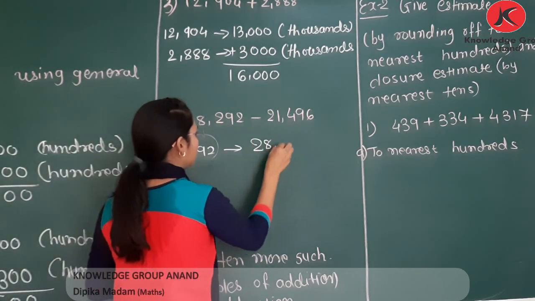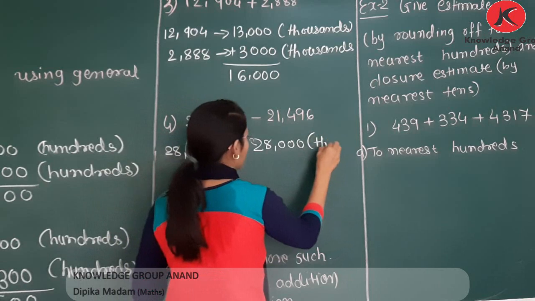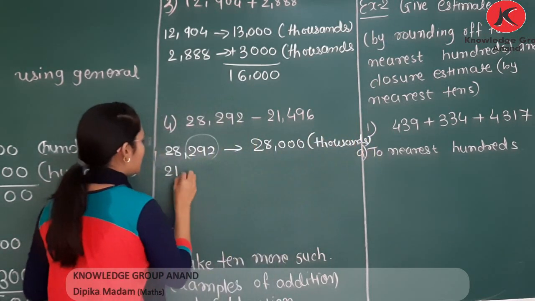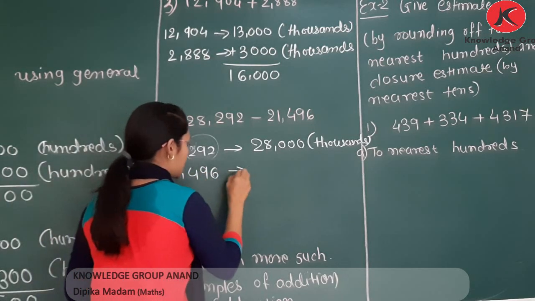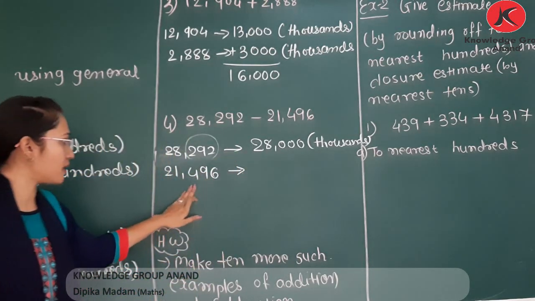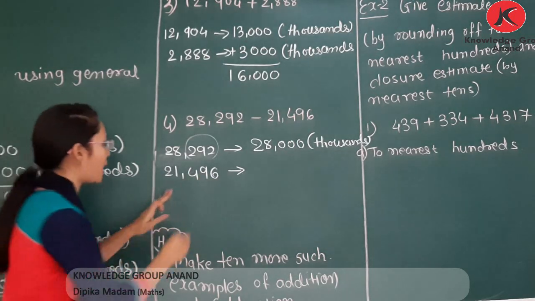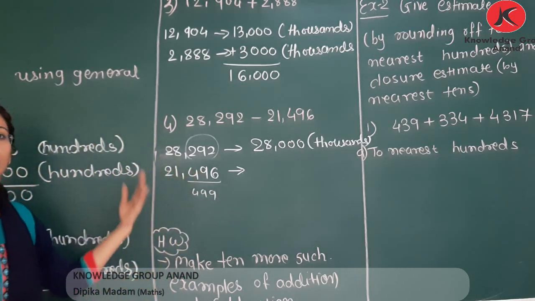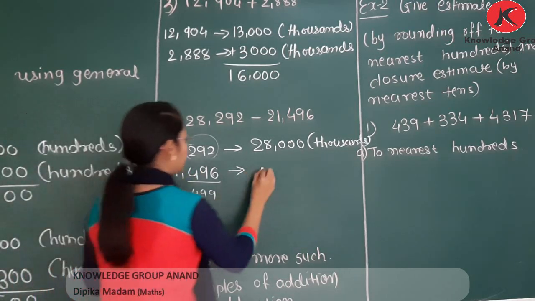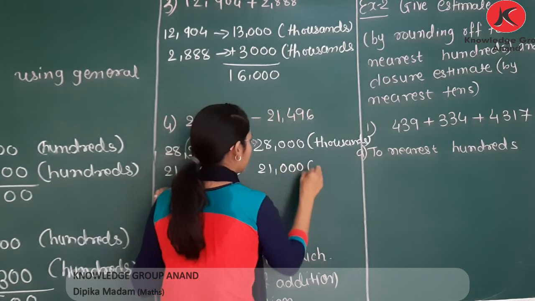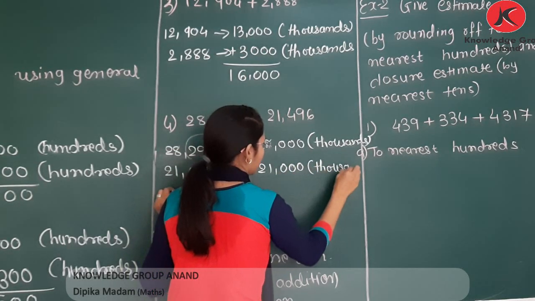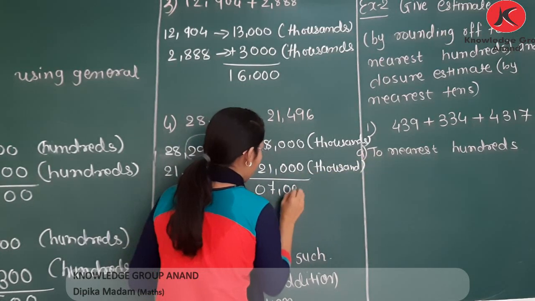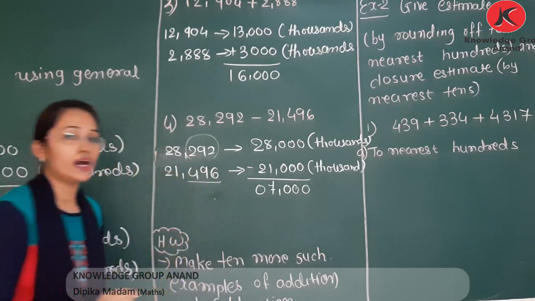That is called 1000 estimation. 21,496. It is between 21,000 and 22,000, but you can see the last part is less than 499, so it is nearer to 21,000. Perform the subtraction. You will get 7,000 as the estimated answer.